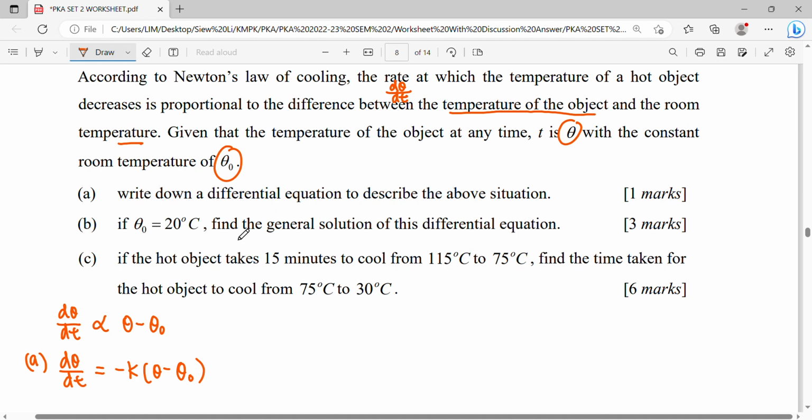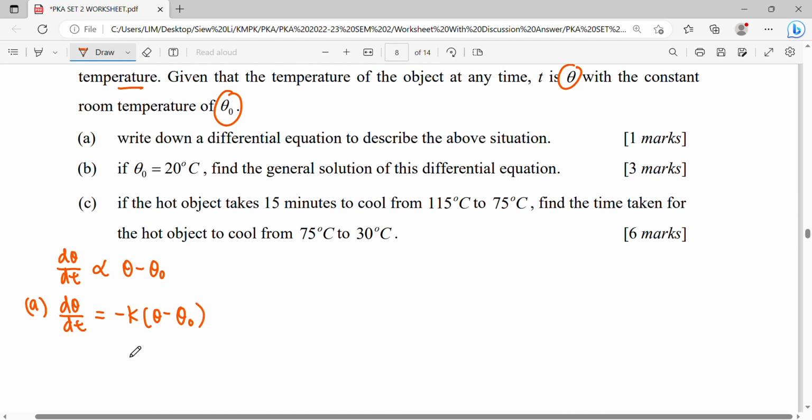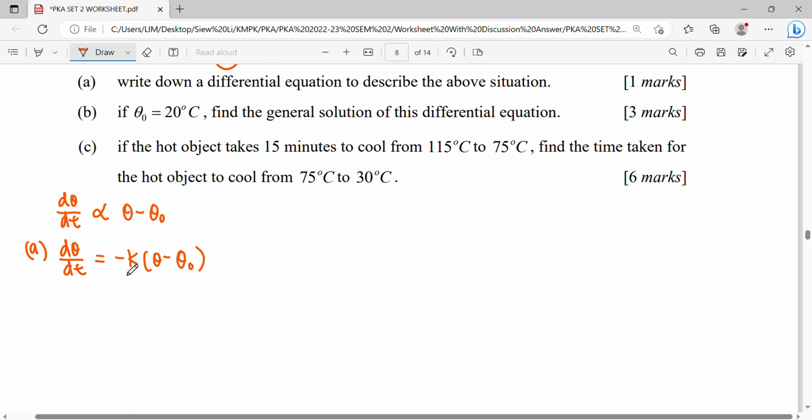As you know, when cooling, the temperature drops from a bigger value to a smaller value, so the rate is negative. Therefore you have a negative constant here. That will be our first part, write down the differential equation.